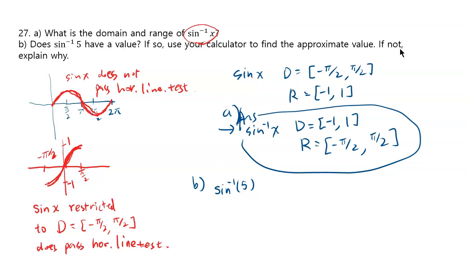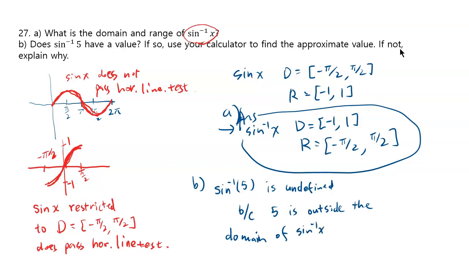So it doesn't exist, or is undefined, because 5 is outside the domain of sine inverse of x, which is -1 to 1. Okay, so that's why you can't do sine inverse of 5.